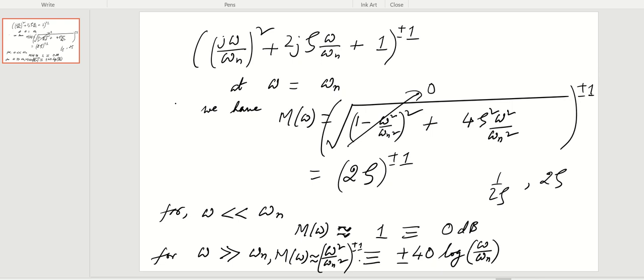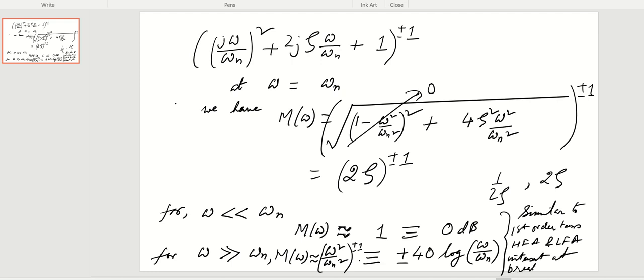Notice another interesting thing. If you extrapolate this approximation and apply omega equal to omega n, this reduces to 0. So both the high frequency and the low frequency asymptotes intersect at omega equal to omega n. Similar to first order terms, the high frequency asymptote and low frequency asymptote intersect at the breakpoint omega n.